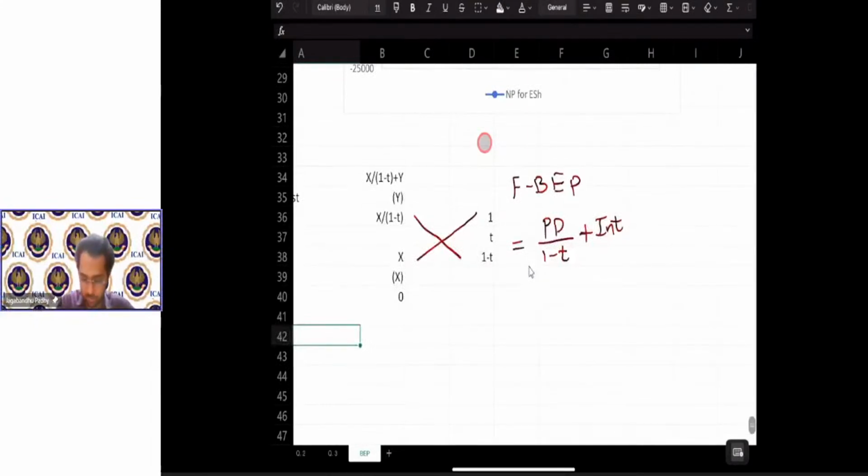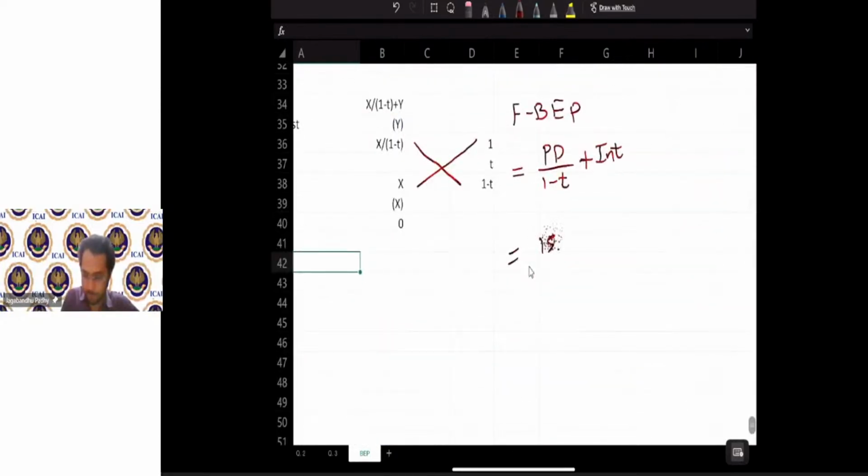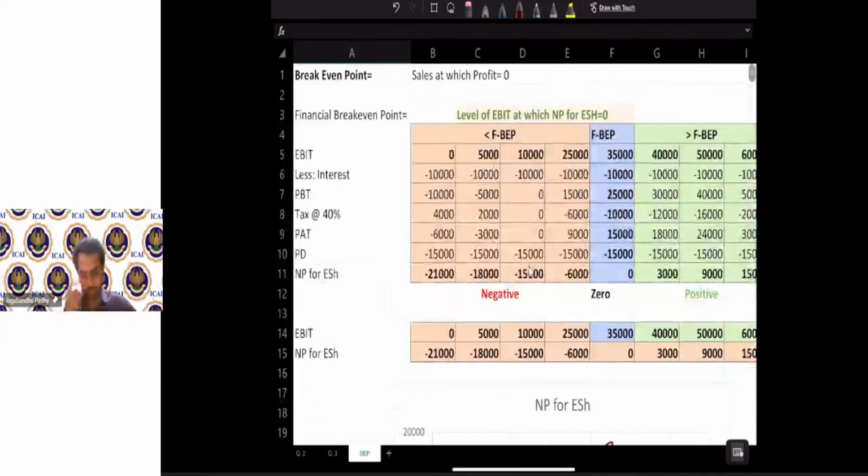For the given question, we have the preference dividend of 15,000 divided by 1 minus 0.4, plus interest of 10,000.